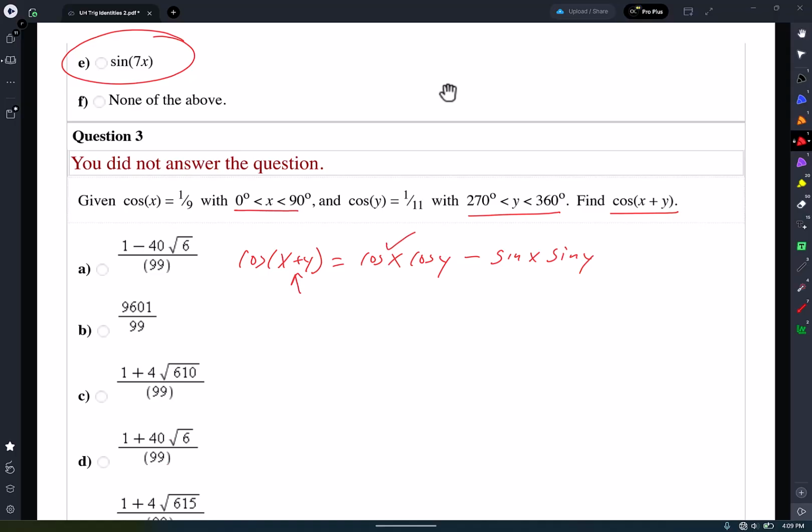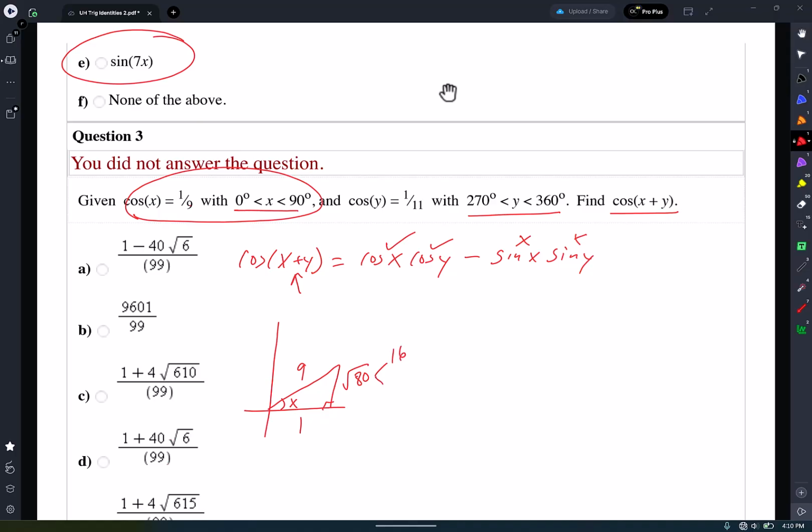All right, so let's see what I got. I got cosine x, check mark, and I got cosine y, check mark. So I don't have these two, but I can get them. So here's angle x. So angle x is quadrant 1. And cosine is 1 over 9, adjacent over hypotenuse, so 1/9. 9 squared is 81. 1 squared is 1, so this is the square root of 80.